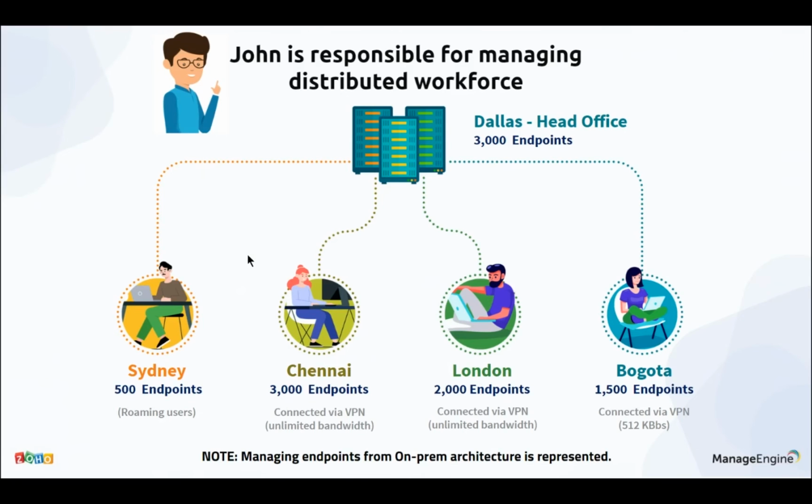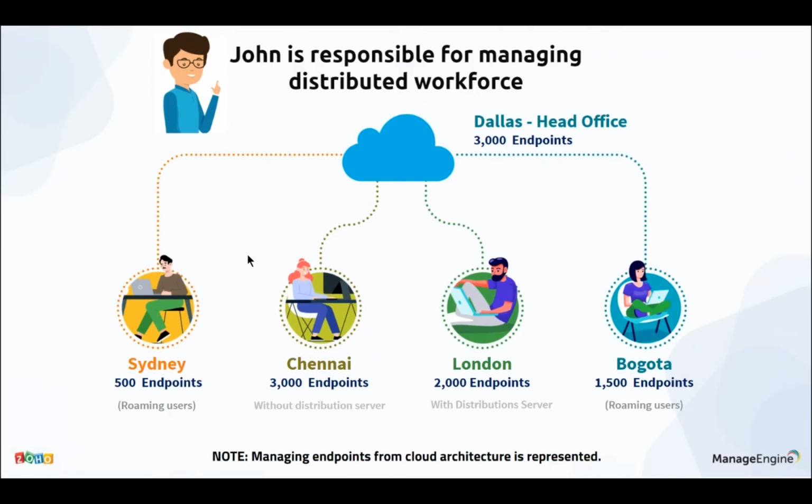You have a head office that's connected to different offices using probably a VPN, or it could be using MPLS links and things like that. So you should be able to manage an on-prem architecture, or remote locations, all from a single location. And also during this pandemic, we have evolved, right?